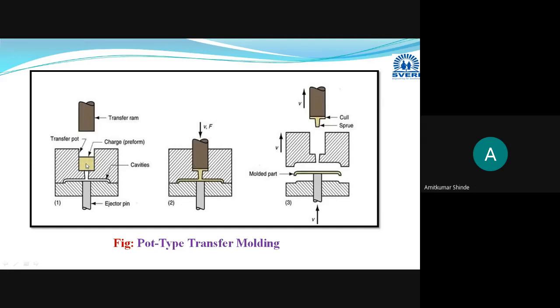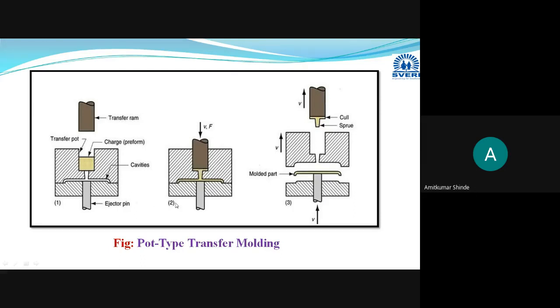The charge will get transferred from solid state to liquid or semi solid state, and it will get transferred through this sprue, through this vertical channel, from the transfer pot into the cavities.